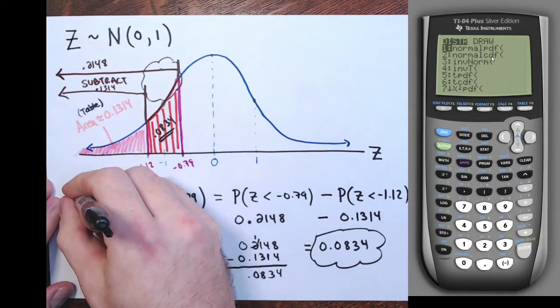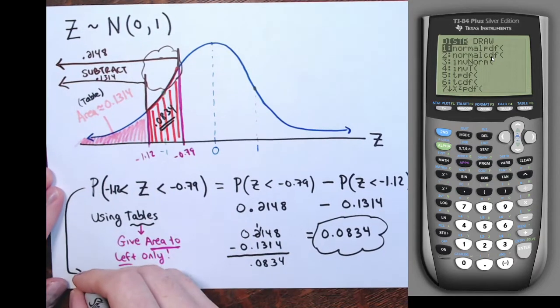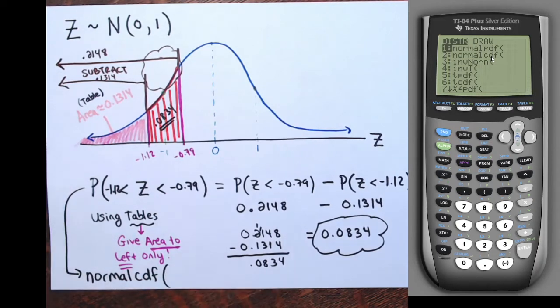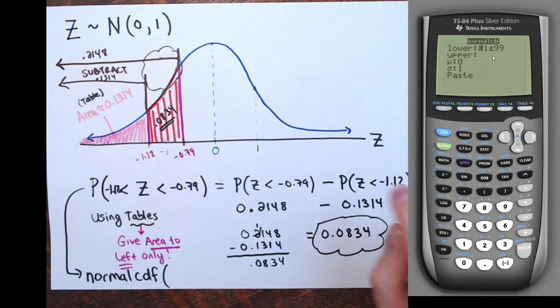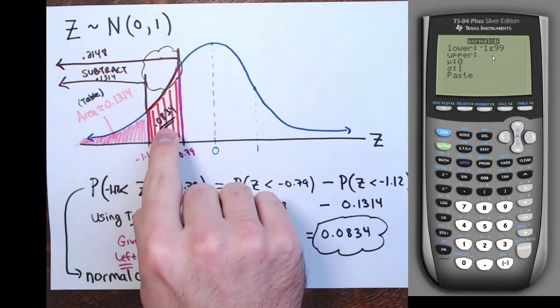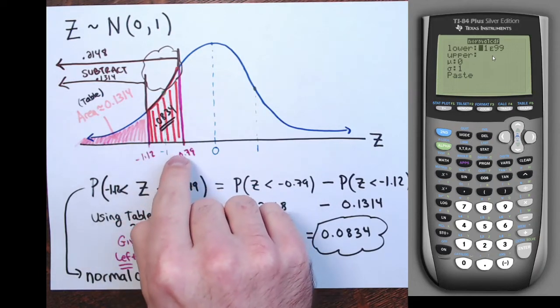So for this probability on the calculator, I'm going to put in this normalcdf. Let me show you what pops up here. So I'm going to go down to 2, normalcdf. Now it asks, what's the lower value in the region? Now the region is the orange region here between negative 1.12 and negative 0.79.